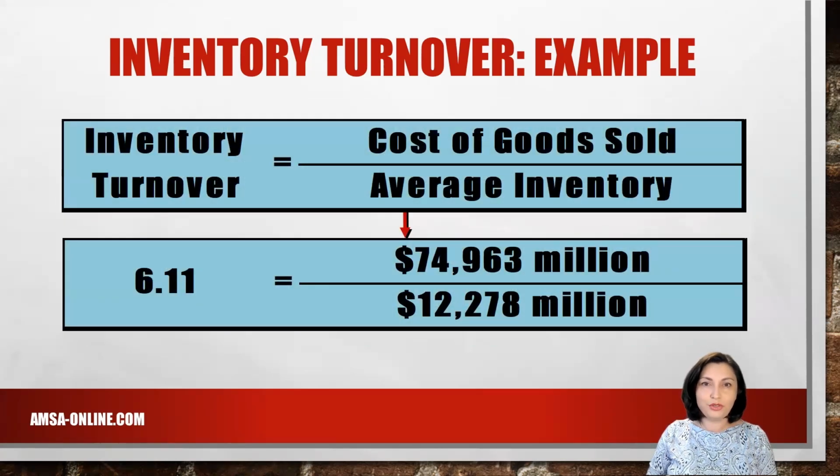The inventory turnover rate for Target, therefore, is 6.11. It is calculated as follows: $74,963 million divided by $12,278 million.